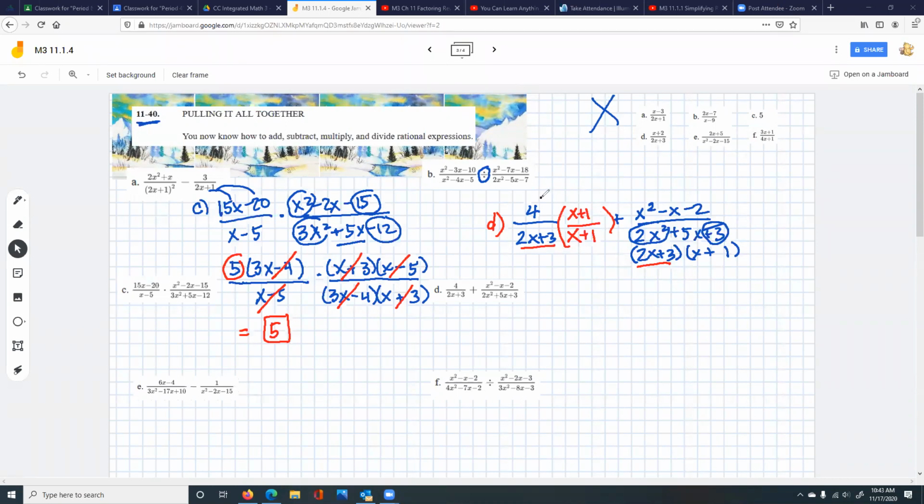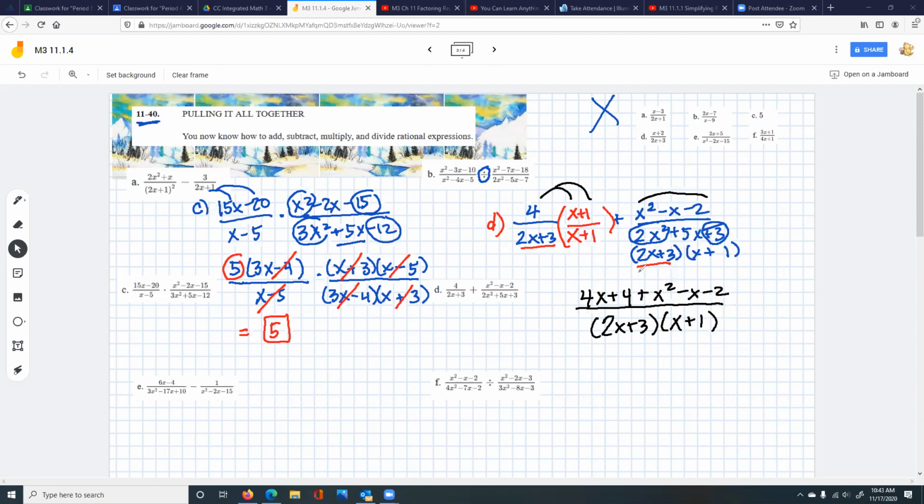So that means I need to distribute this 4 times this x plus 1 here, which is 4x plus 4. Okay, and let's go ahead and just copy this stuff. Plus x squared minus x minus 2. And the bottom is just going to be 2x plus 3 times x plus 1.